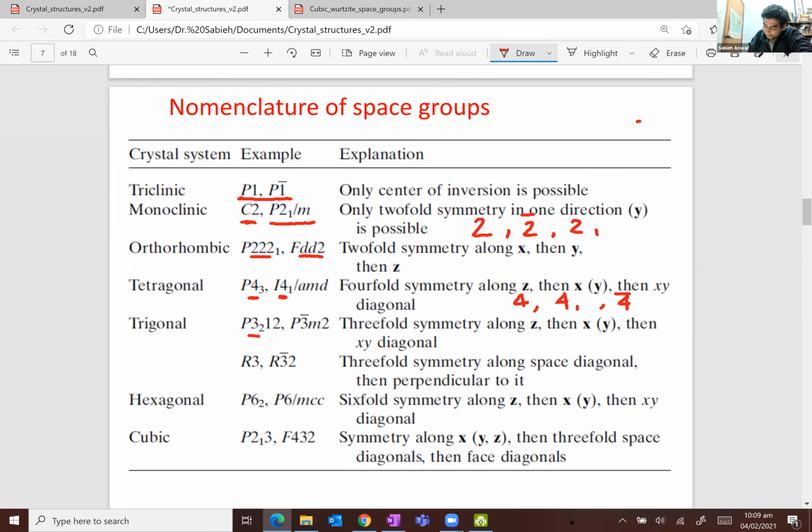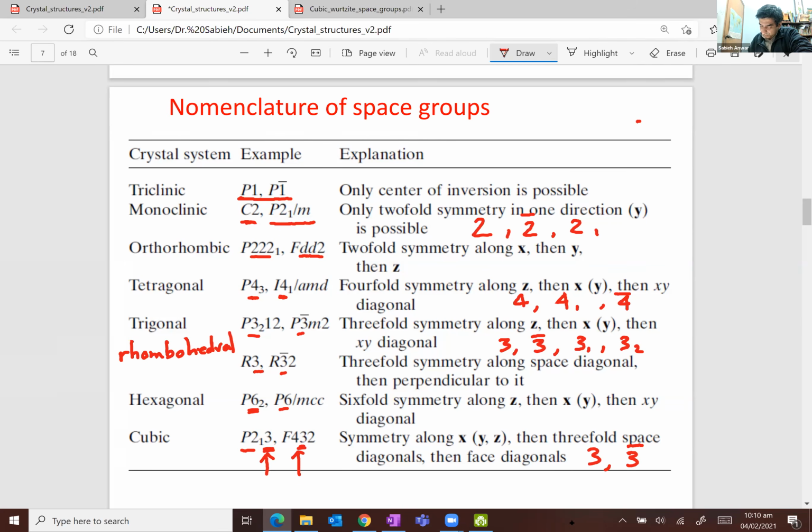The trigonal is symbolized by having a 3, trigonal or rhombohedral, by having a 3 bar or a 3 screw axis in its first position. The hexagonal likewise has a six-fold rotation axis or a six-fold roto-inversion axis or a six-fold screw axis in the first position. And the cubic is identified by having a 3 or 3 bar in the second position.